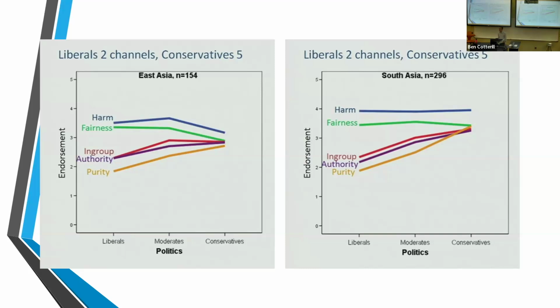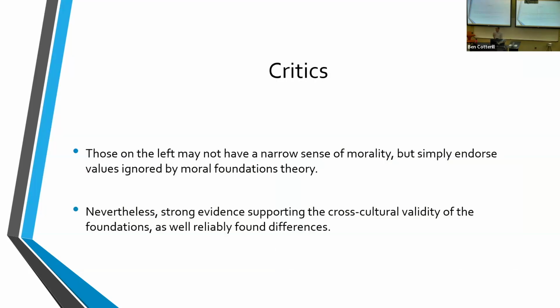Whereas those who don't view authority as a moral foundation would be more likely to question or be disobedient in a scenario in which they were given a command that they didn't agree with. And then the same was found across Asia as well. So again, wherever they're looking, they're finding the same difference between those on the right and those on the left.